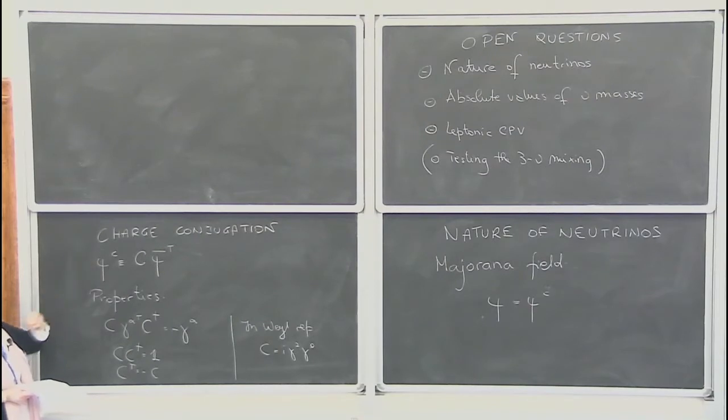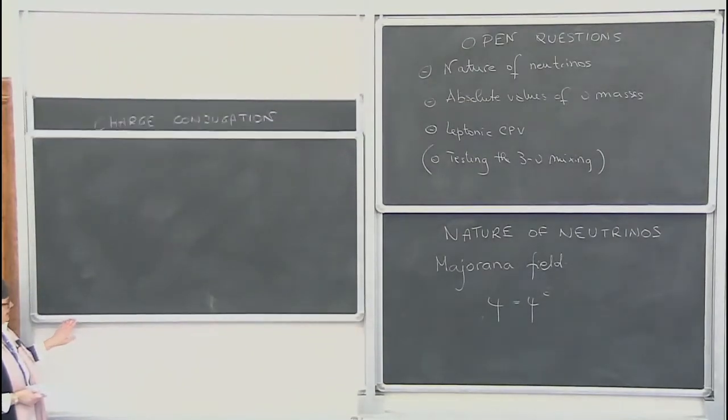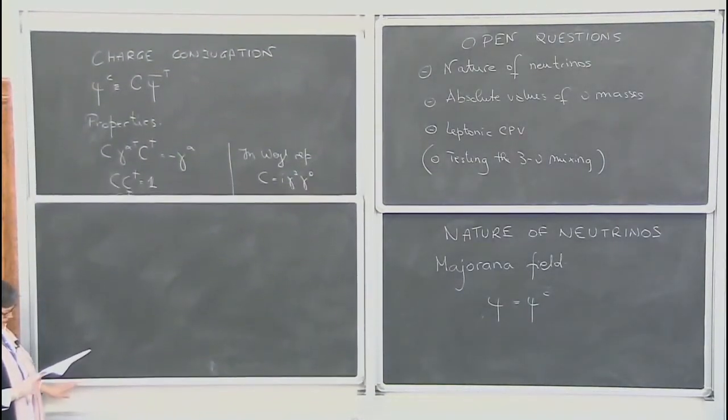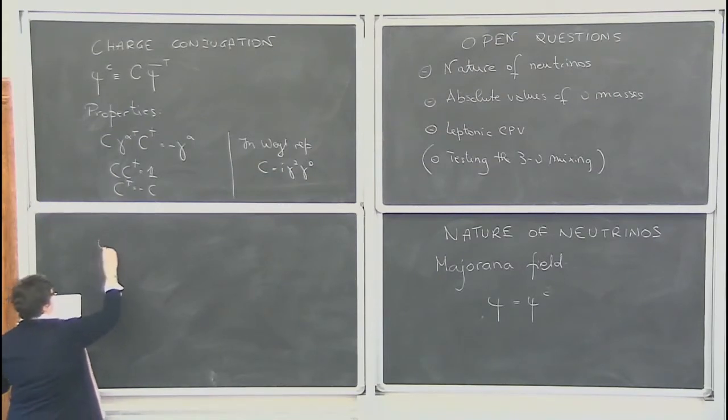So what we'll discuss later, it's very important to remember that if I do the C conjugation of a left-handed field, I will obtain a right-handed field. We can see that in the Weyl representation.